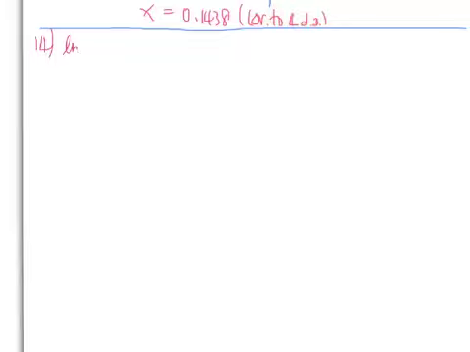Now question 14. 14 means 3 ln e squared. You can choose to combine them or write it as an expanded form. I choose to write it as expanded form.